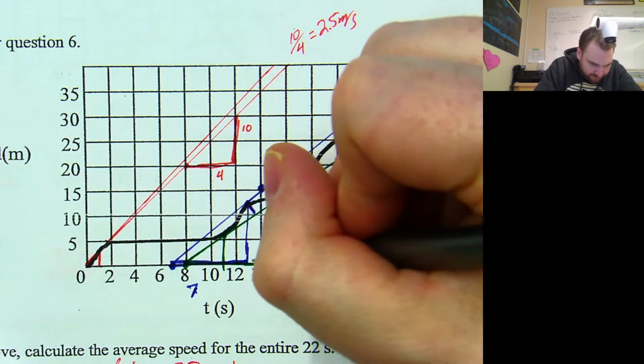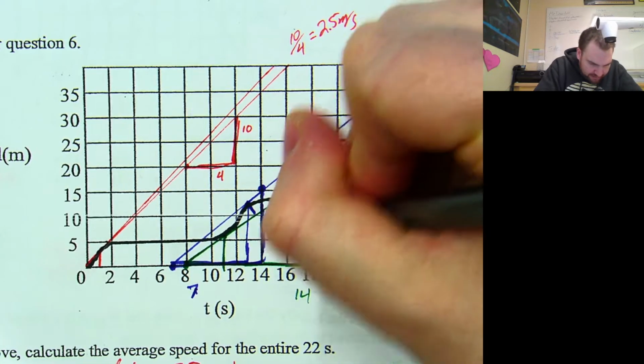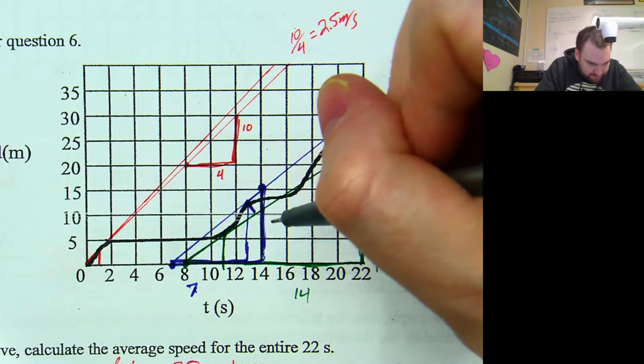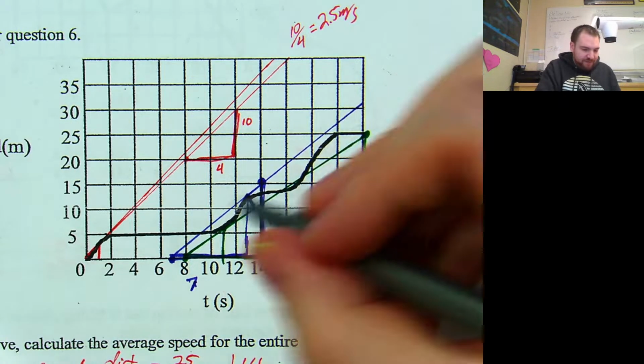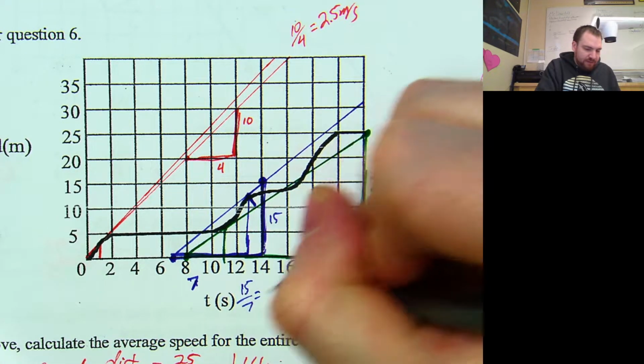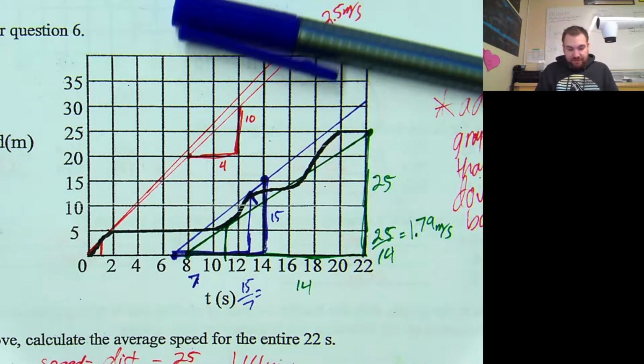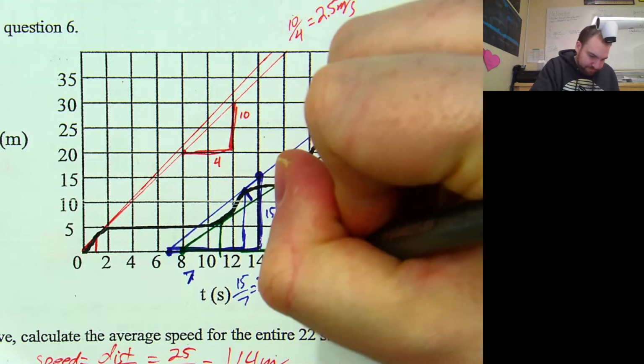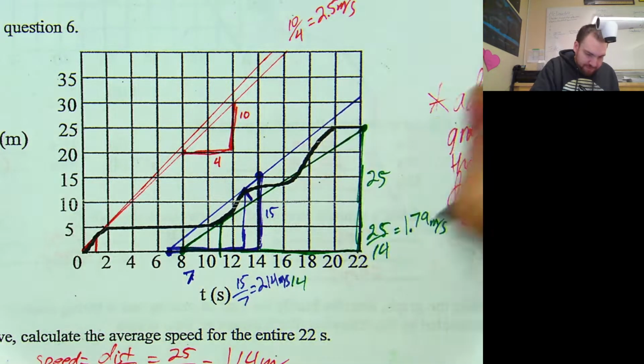It's just about trying. And then this one is 15. So that's 15 over 7, which is 2.14. These are all meters per second.